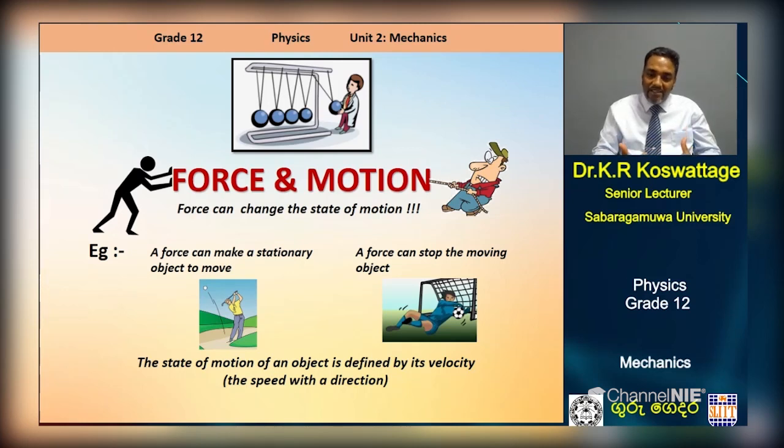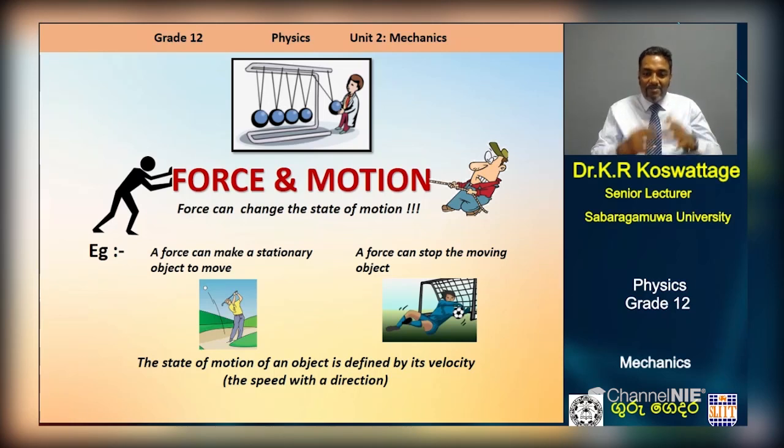Or you can think force can speed up a moving object. It's something like acceleration. So velocity is increased over time because of that acceleration. And also force can slow down a moving object, deceleration.